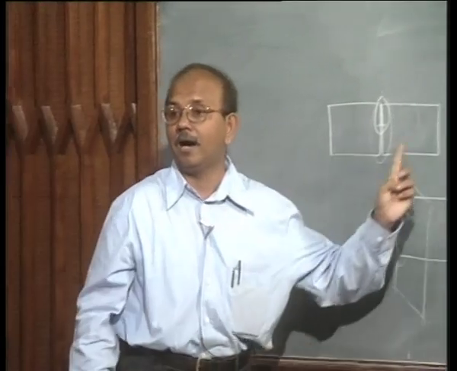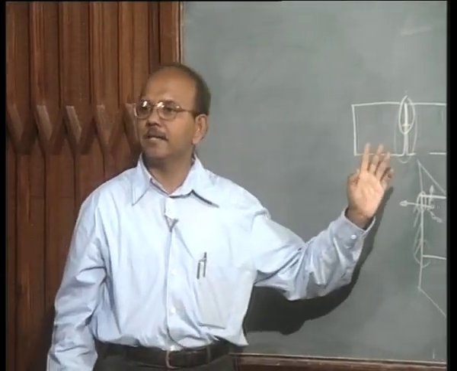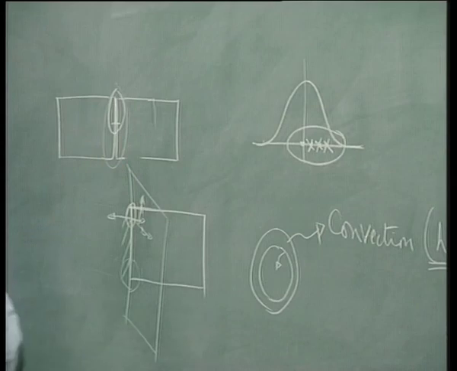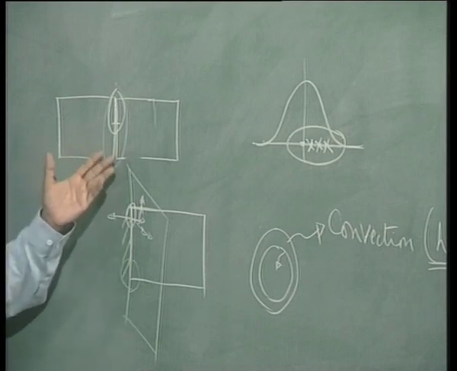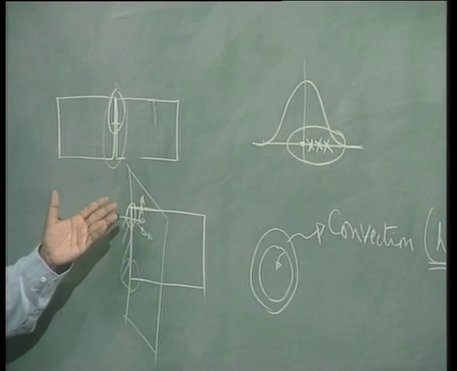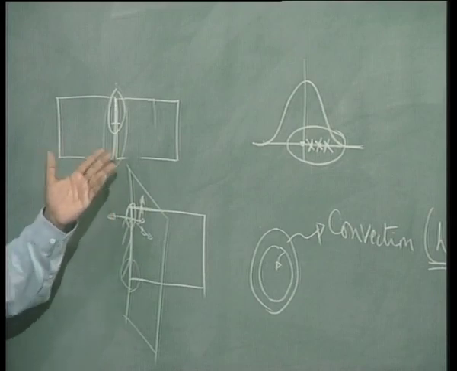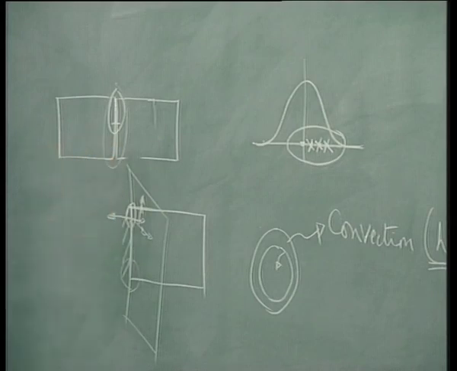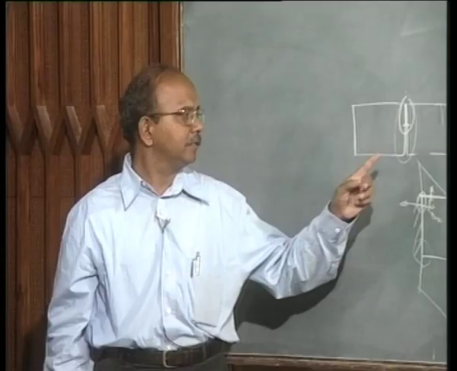So at that place I can still assume that there will be a symmetry boundary condition. But as I go down, it may not be possible to hold this kind of boundary conditions, okay, in these places.